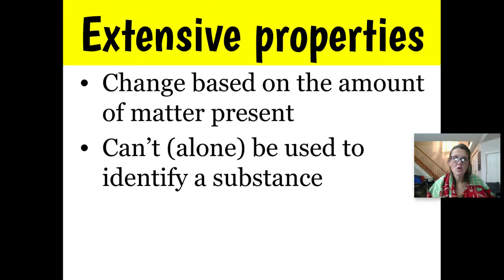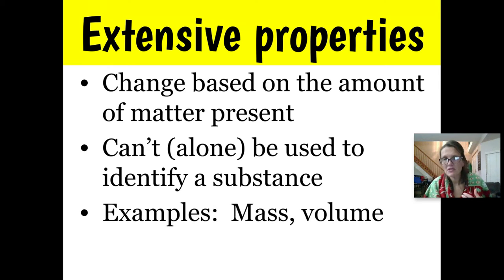For example, if I walked into class and gave you 100 grams of a white powder and said, can you identify what this is because you know there's 100 grams, you wouldn't be able to, right? It could be 100 grams of absolutely anything. I could get 100 grams of 10 different chemicals and you wouldn't be able to identify what they are from that amount. So extensive properties are those things that cannot be used to identify a substance because they change.